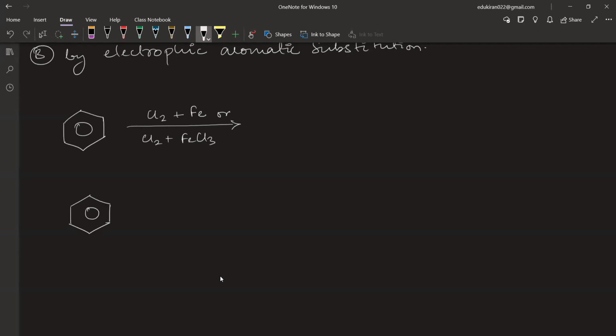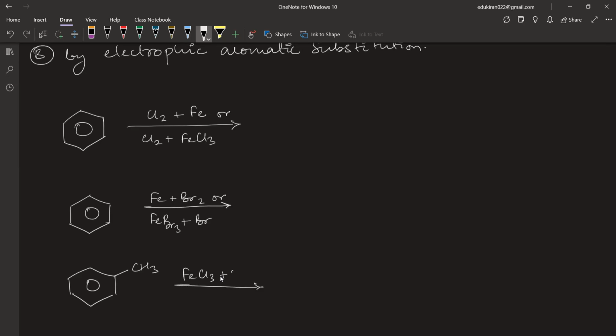And if you have Fe plus Br2 or FeBr3 plus Br2, then what will be the product? We don't take Cl, we take Br, then it will be better. You will write it. Also one more: if you have toluene, that is benzene with a CH3, and you have FeCl3 plus Cl2, then what will be the product?